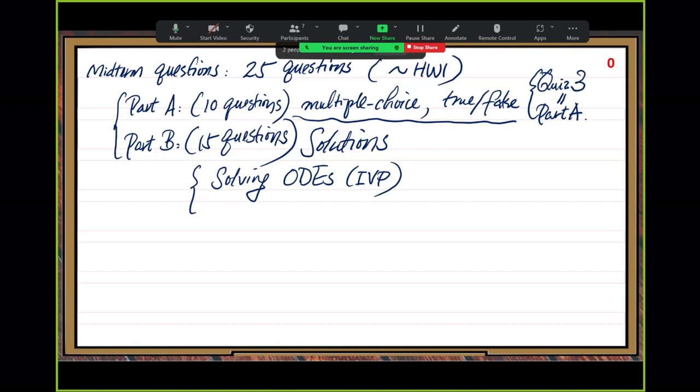Solving ODEs directly. The second type is word problems. For solving ODEs and initial value problems, I plan to give you 7 questions.